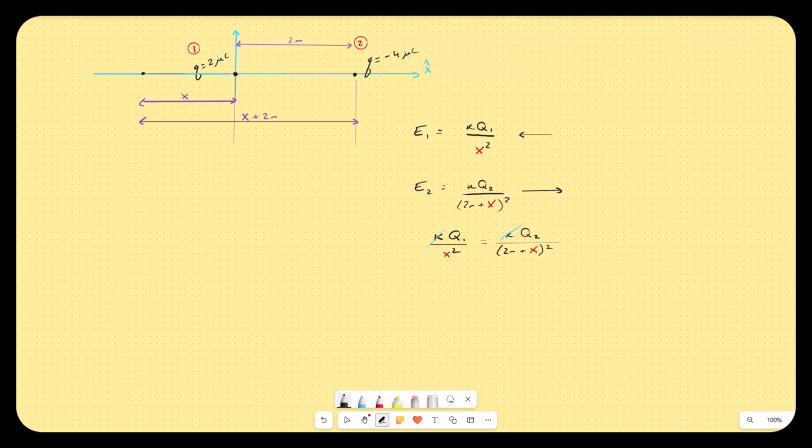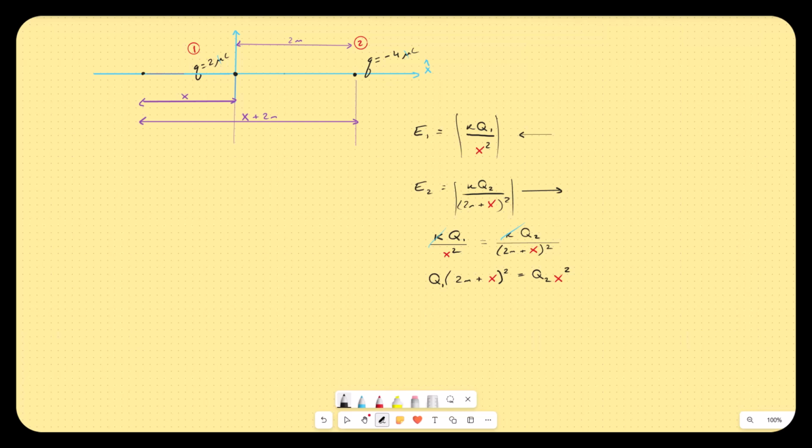And solving this, I'm going to have q1 times 2 meters plus x squared equals q2 times x squared. I'm looking at absolute values all the way through, so I don't care about this thing being negative.